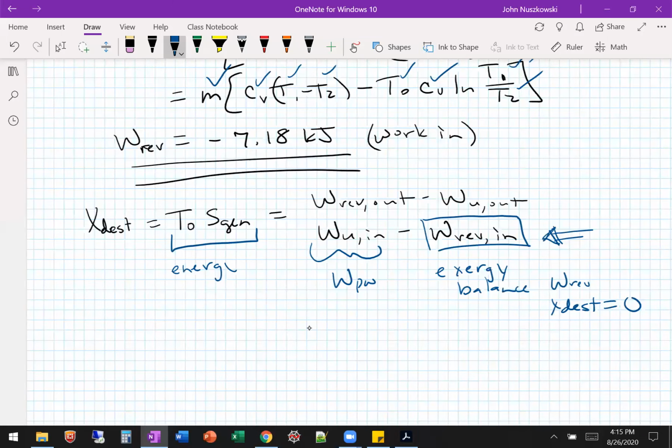It's just algebra, not energy. So this is the entropy balance. So we could have used that and then just with the paddle wheel work in this term, use that to solve for work reversible in. Or we could have solved for X destroyed. And that's the exergy balance.